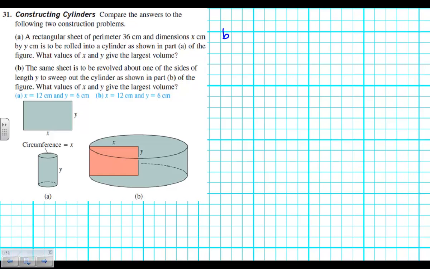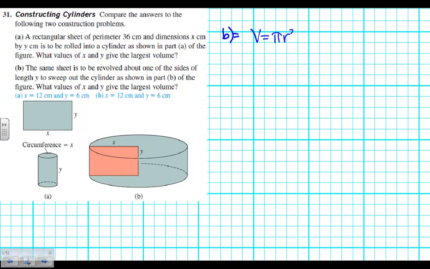So in problem B, volume is going to be pi r squared h, and in this case r is x, and height is y. Why do you have a 2 instead of pi? I don't know. We should have pi.